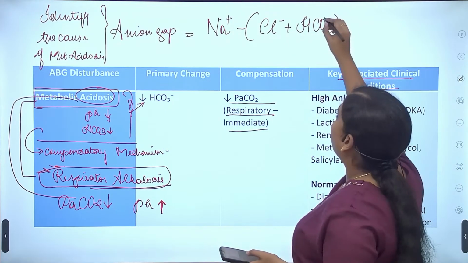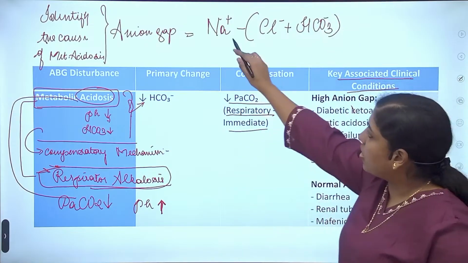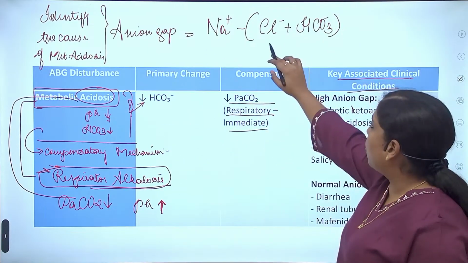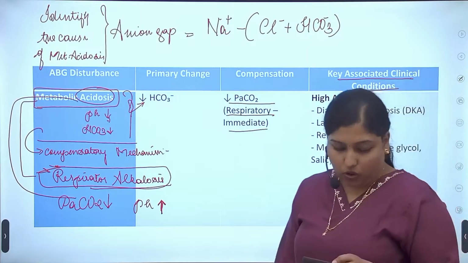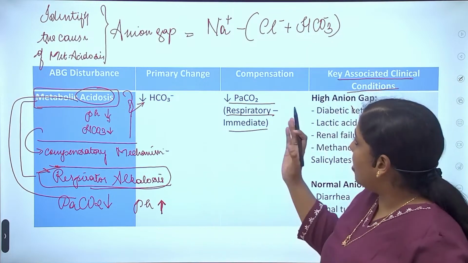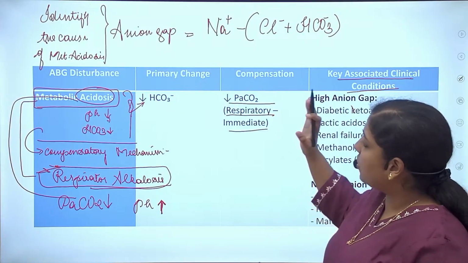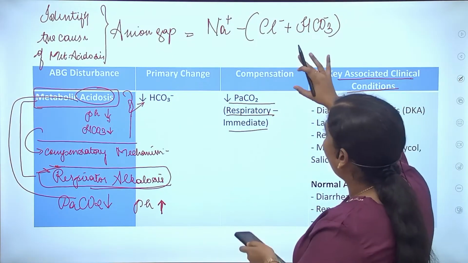This is the formula. As you all know, sodium is a cation, whereas chloride and HCO3 are anions. Why are we specifically calculating with sodium, chloride and HCO3?